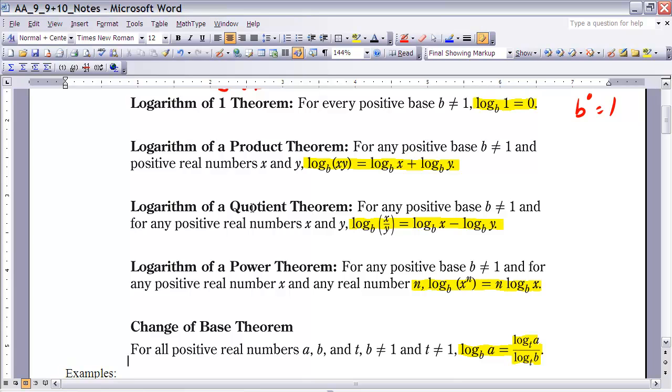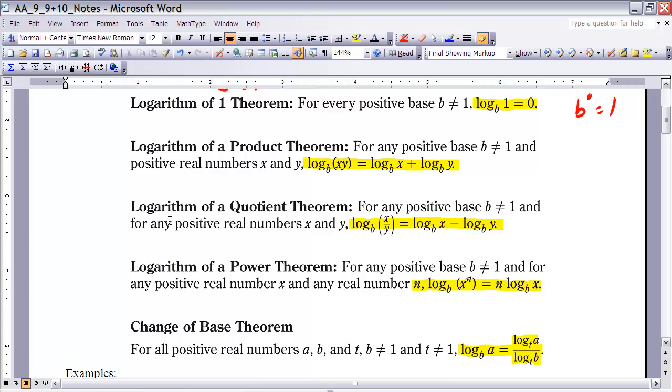So what the product theorem says is if I have the log base b of the product of x and y, then that's equal to the log base b of x plus the log base b of y. Remember that x and y are like exponents in the exponential form. So we know if I have b to the x times b to the y, I'm going to add x and y together. So that's why that works.